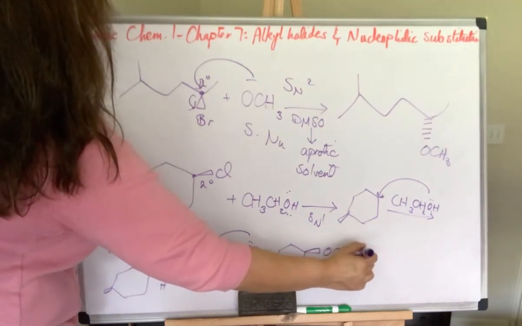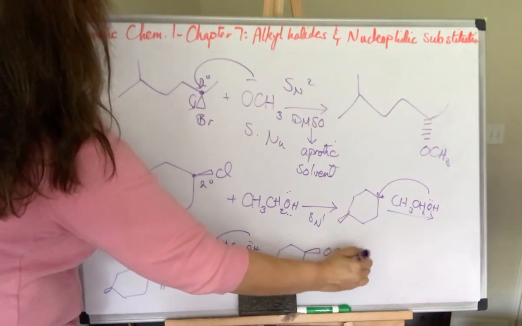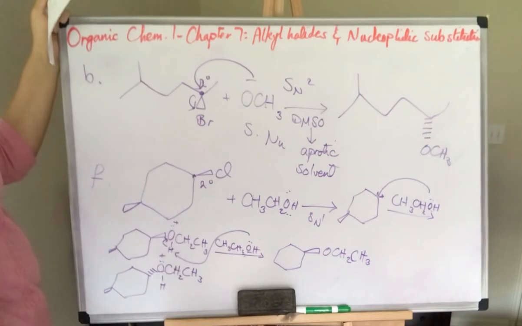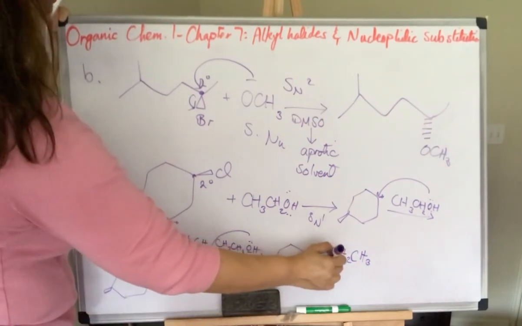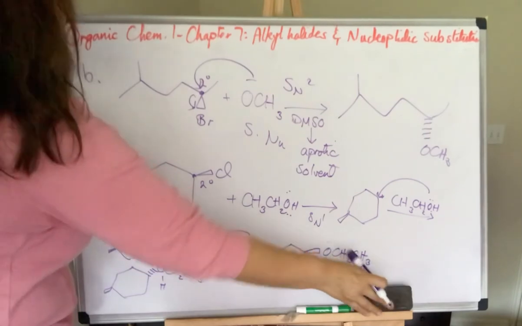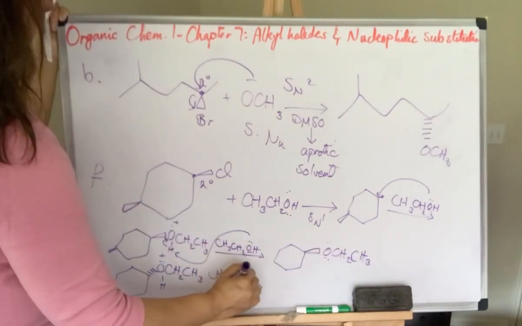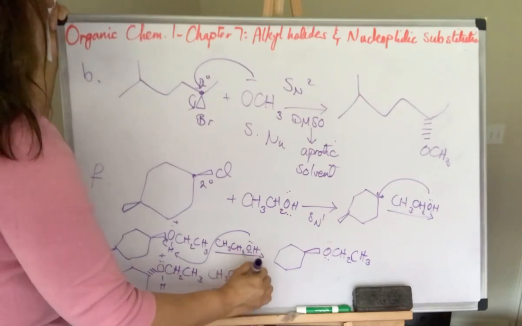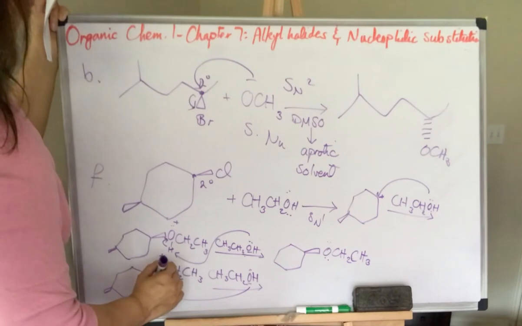And we have, of course, some byproducts, but don't worry about them, please. So this is our first product, and this would be our second product to form a racemic mixture for us.